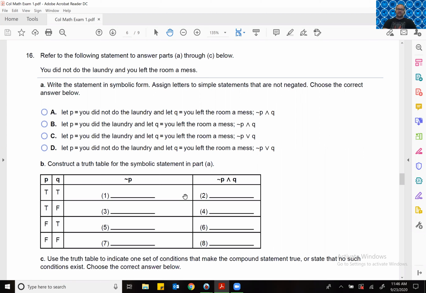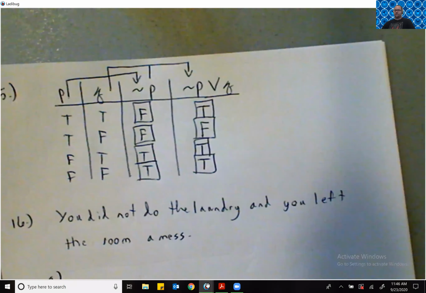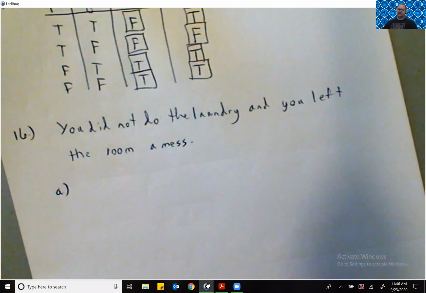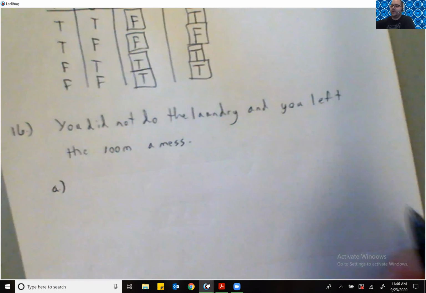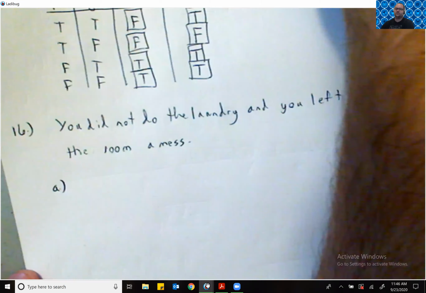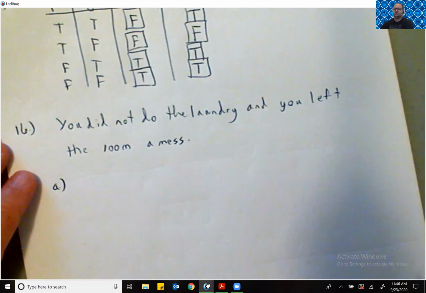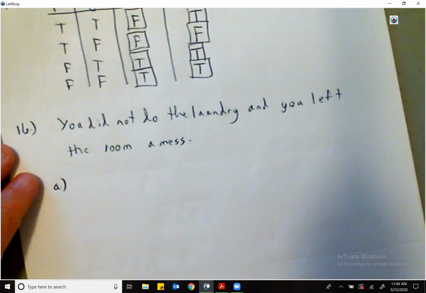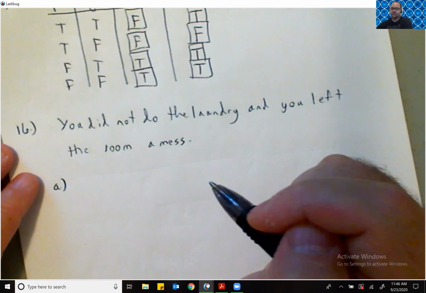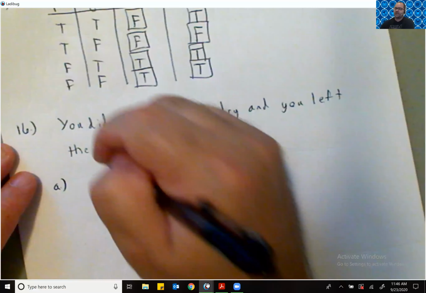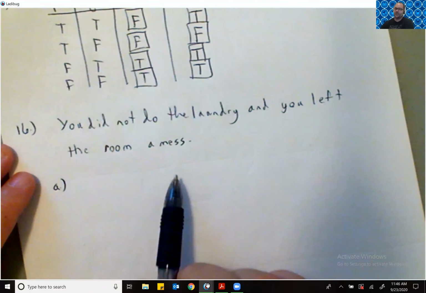So let's turn this into symbols. What's the first statement that we have here? Because there are technically 2 sentences in here. What's the first one?